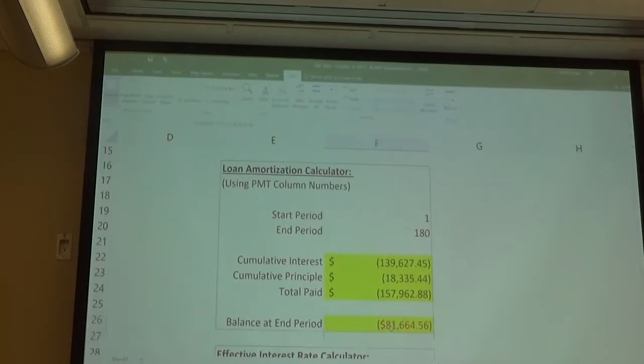Why the F20? Because the end period that we're calculating for the amortization calculator is we're saying we want to know what the balance is at the end of month 180.